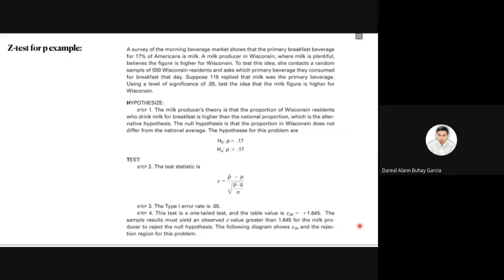Here's an example of how the z-test for proportion can be used. This could be studied on your own time, but this is quite similar to how we perform the z-test for mu, or the z-test for mean. Observe that we are still going to use the 8 steps to perform hypothesis test.